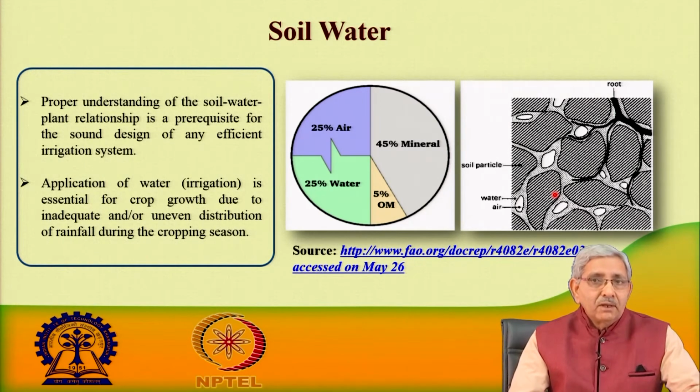Depending on the soil composition and porosity, root proliferation takes place. So, proper understanding of soil and soil water is important for plant growth, and very important for an efficient irrigation system.